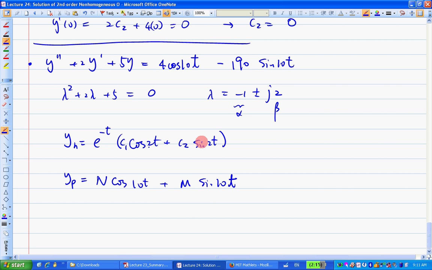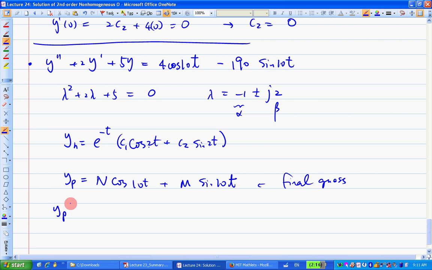Would you still call it duplication? No, because you have an e to the power of negative t here. So even if it's 10 here, this is not going to be a duplication. Okay, so here is my final guess.